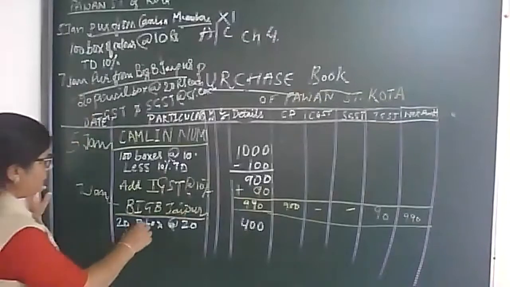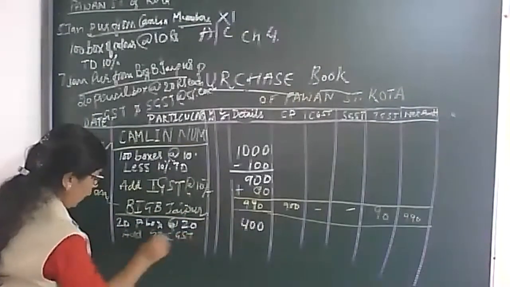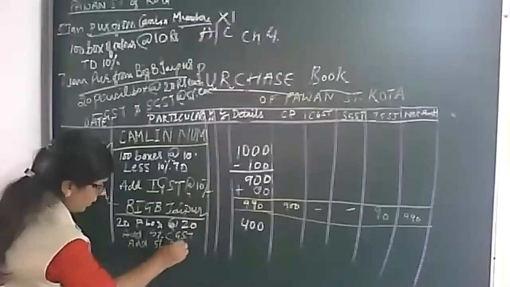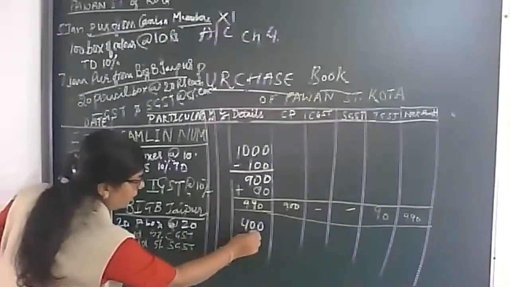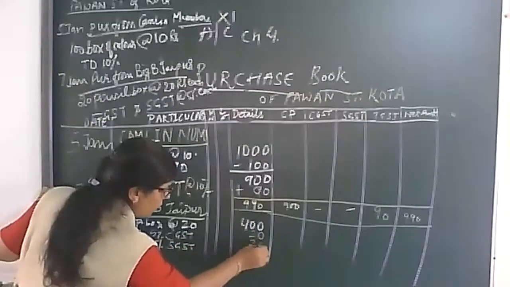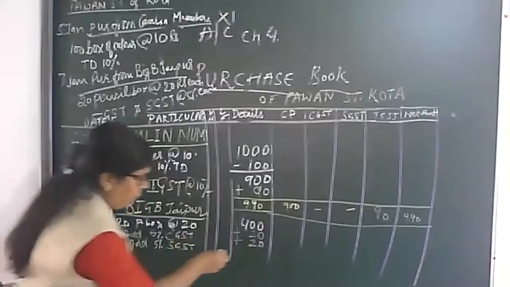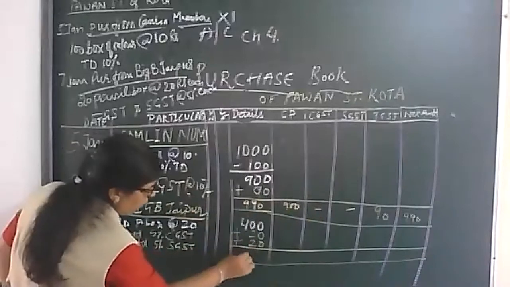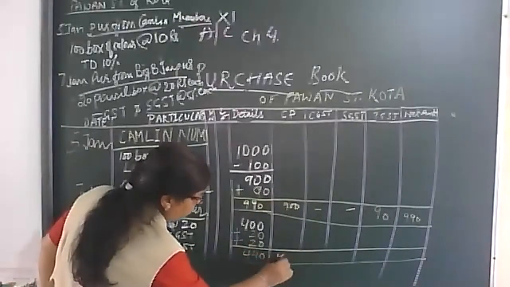So add 5% CGST and add 5% SGST. 5% of 400 is 20, 5 fours are 20. Then add these taxes and we are on the last line again. So the total is 440 and here 400.